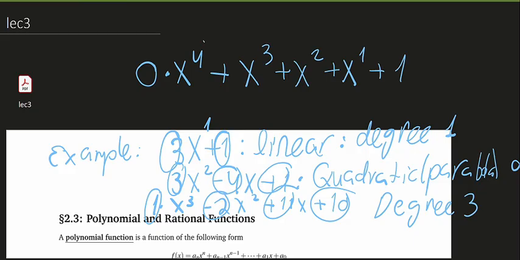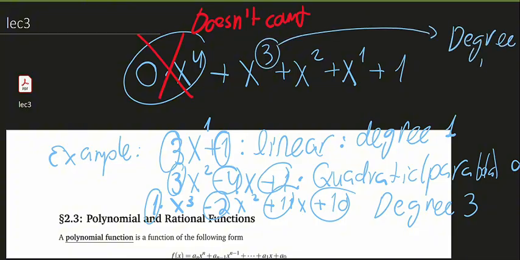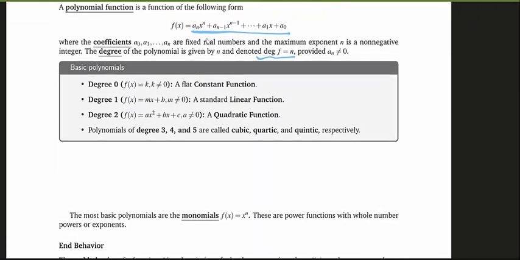This doesn't count. So the degree is 3, the highest power. It must be a true power that appears, not a ghost that's just multiplied by a 0.